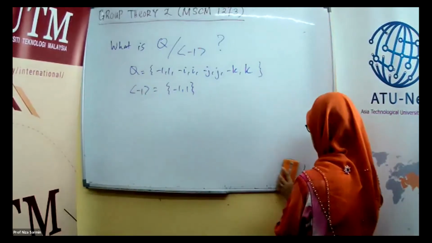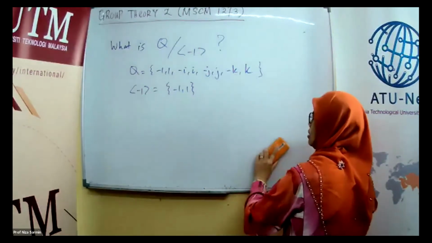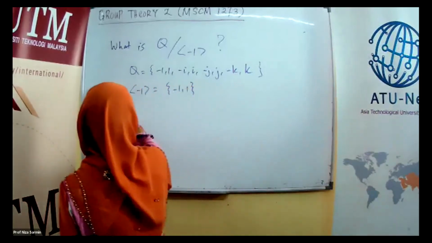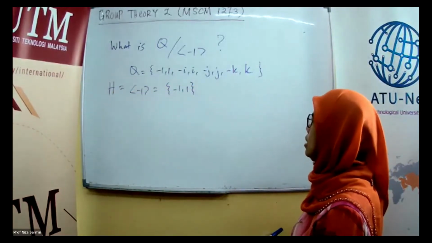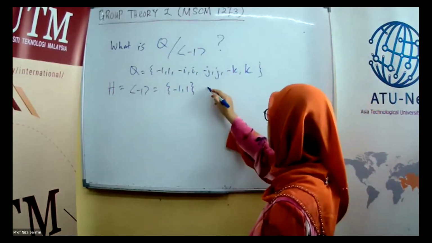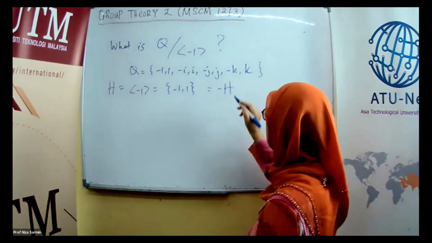You want to find the left coset, right? We call this H, right? So this is equal to negative H also, right?